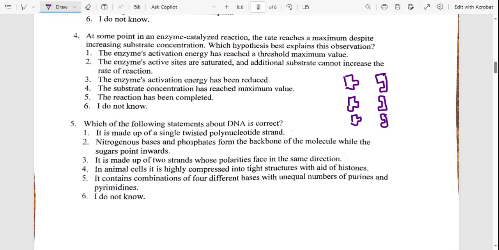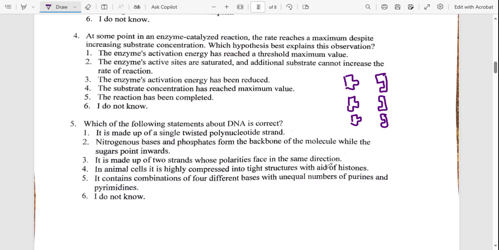When you increase the substrates, the reaction is going to be faster. But when you exceed 3 substrates, even if you increase the substrates, the substrates that you are bringing in have got no enzyme to bind to. So at that point, the reaction is not going to increase.